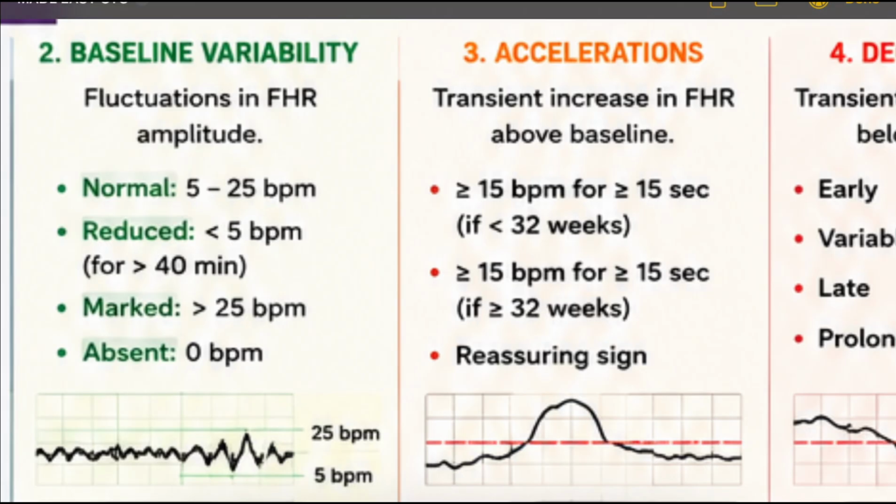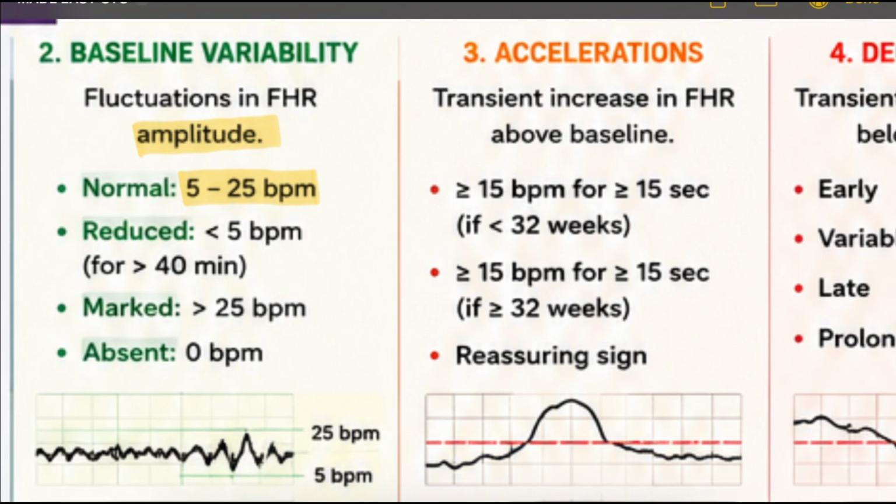So normal variability is around 5 to 25 beats per minute. If there are any fluctuations in fetal heart rate, that thing we call fetal heart rate amplitude, that thing we call variability.